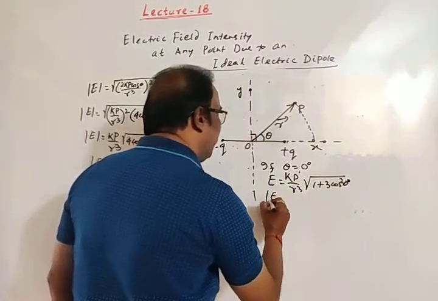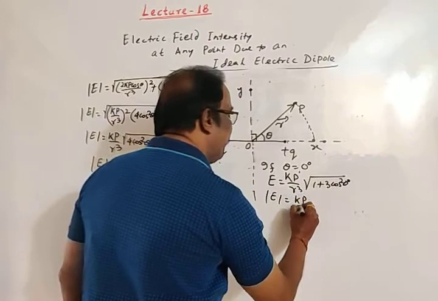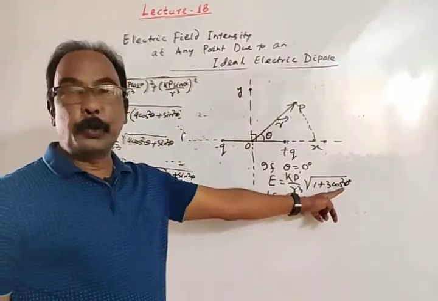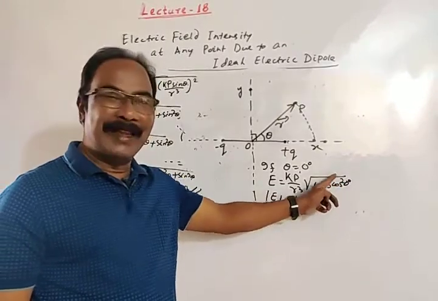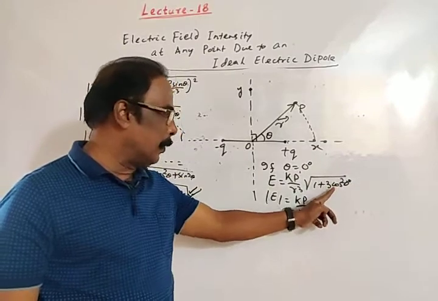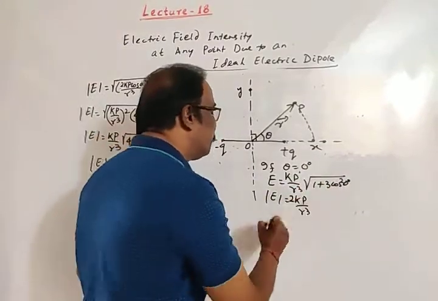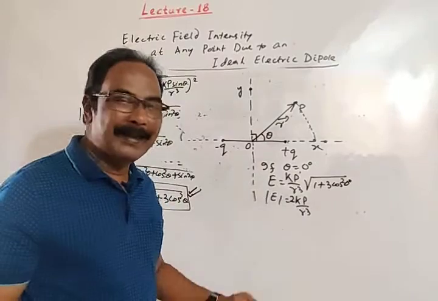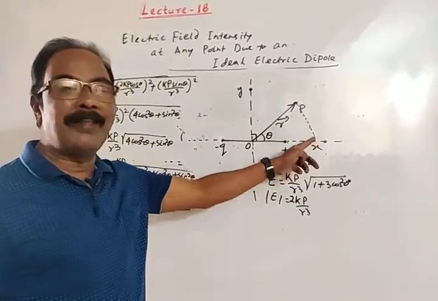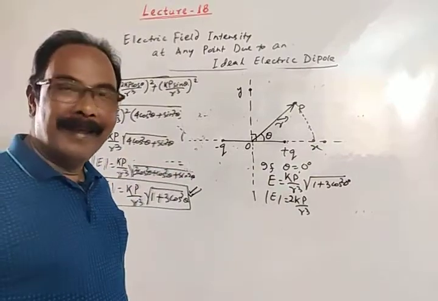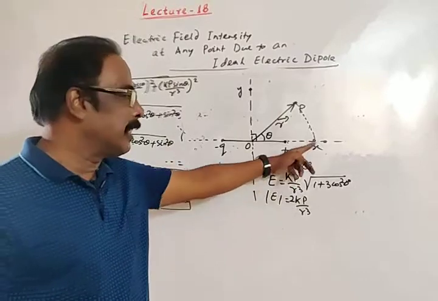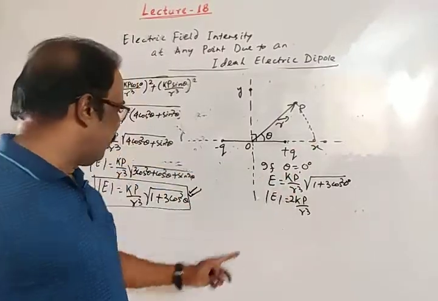Then the electric field intensity is Kp by R cube into, cos 0 is 1, cos square 0 degree is 1, 3 plus 1 is 4, square root of 4 is 2. As we have got the electric field intensity at any point on the axial line.